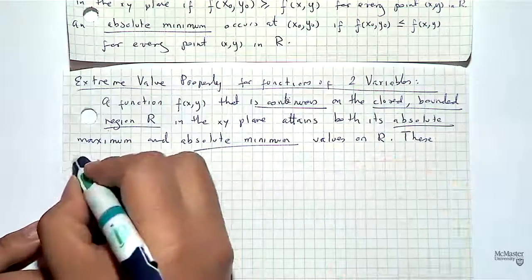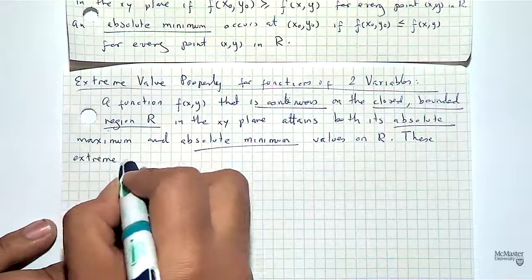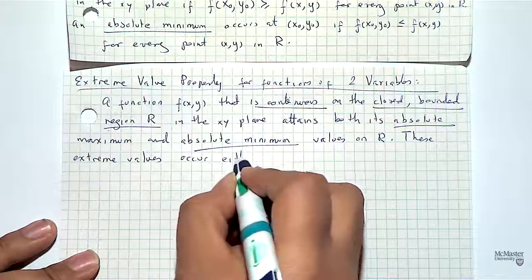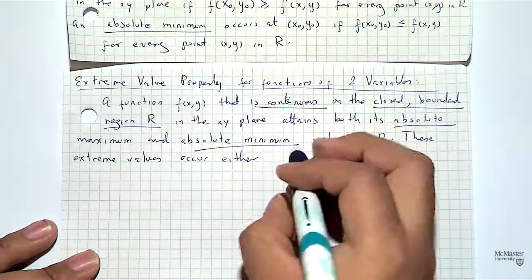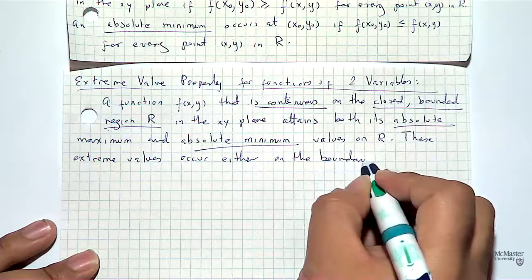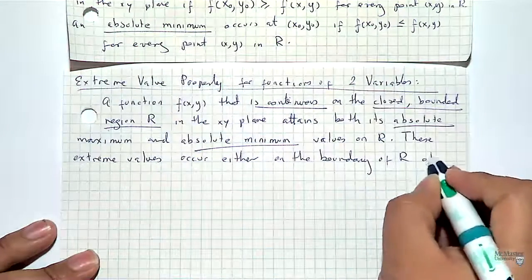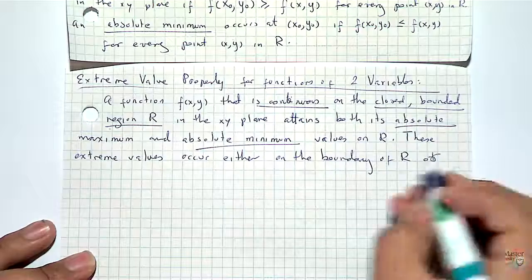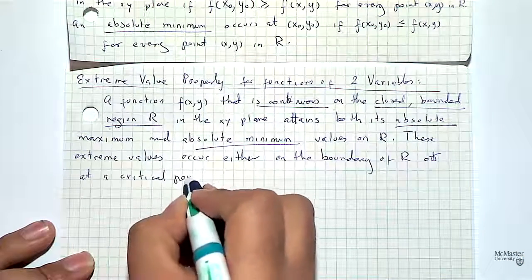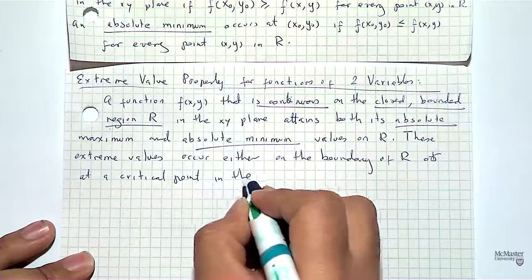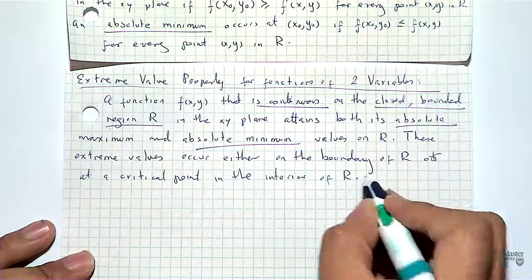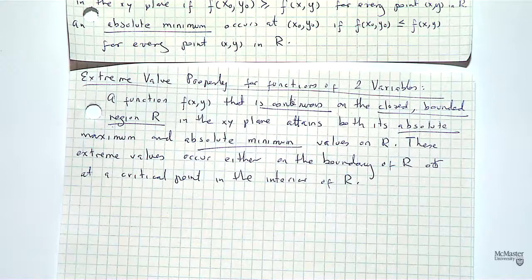These extreme values occur either on the boundary of R or at a critical point in the interior of R. So this is a 2D analog of what happens in 1D.